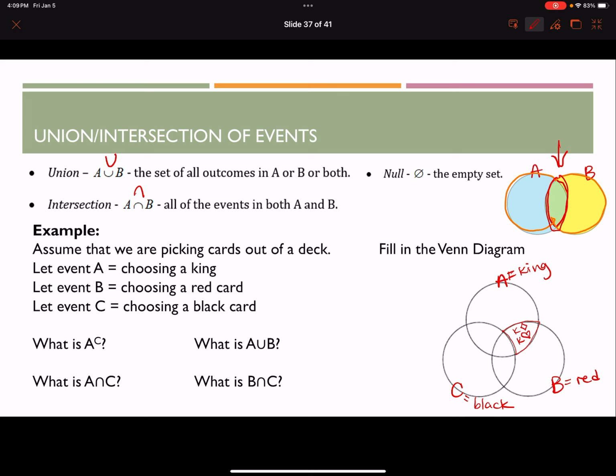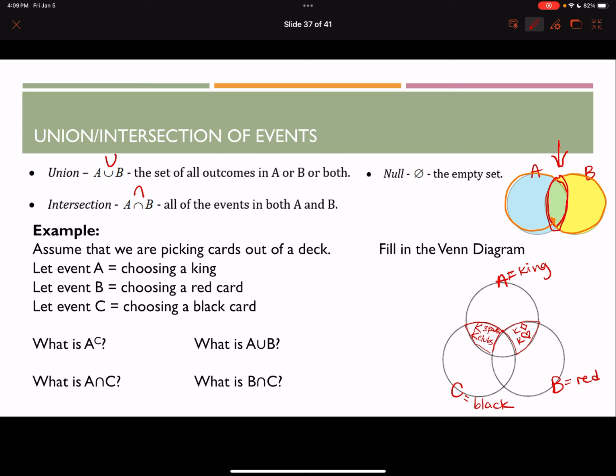Now let's move over here. Can I get a card that is a king and a black card? Yes, the king of spades and the king of clubs. I can't draw them as well, so I'm just writing spades and clubs.